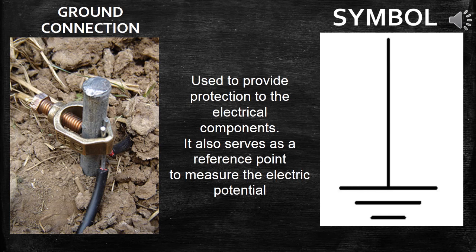Ground connection is a must. Electricians know very well how to give the ground connection. Are you clear? It is used to provide protection to the electrical components. It also serves as a reference point to measure the electric potential. The symbol of grounding is given nearby.